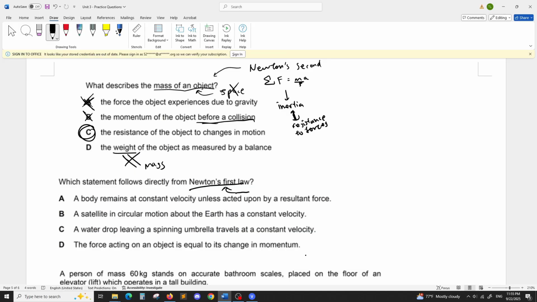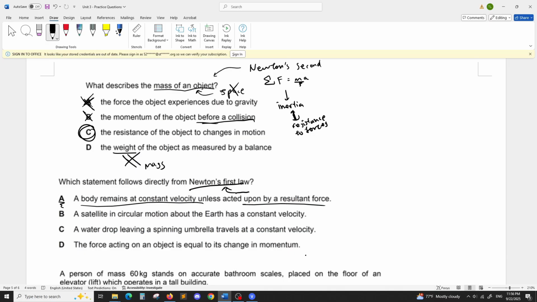But if you kick it, for example, then obviously it's going to move forward. So unless some outside force affects it, it's not going to move. Then we can look at each of these. A body remains at constant velocity until acted upon by a resultant force. Okay, so that's pretty much what I said.